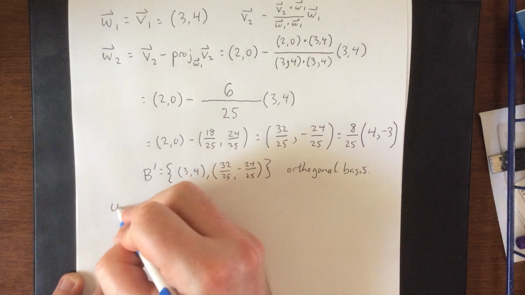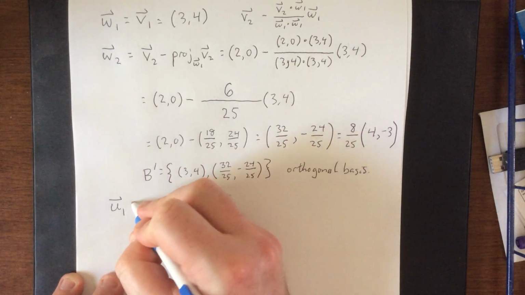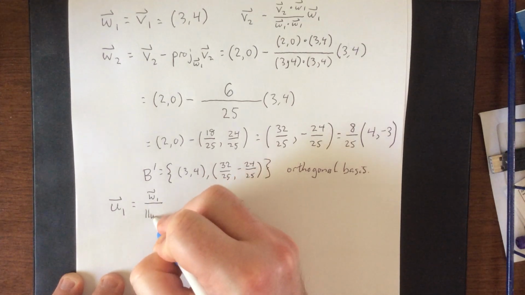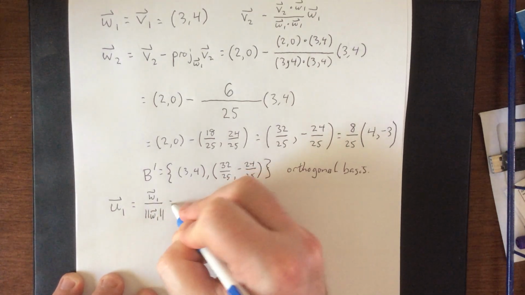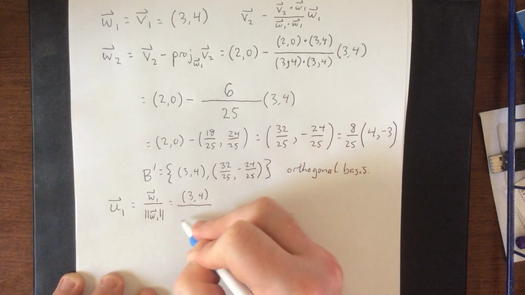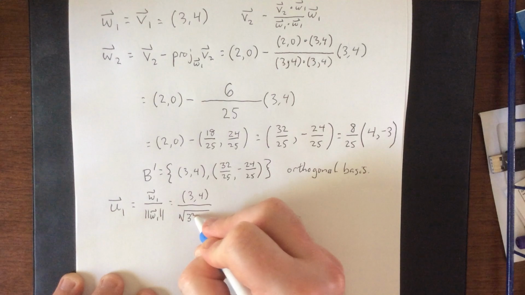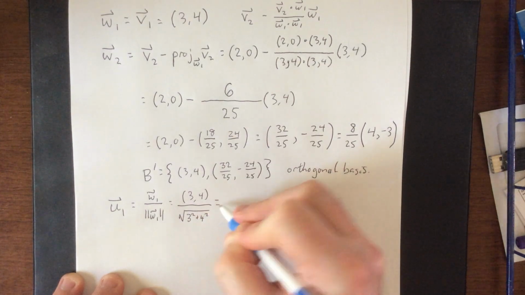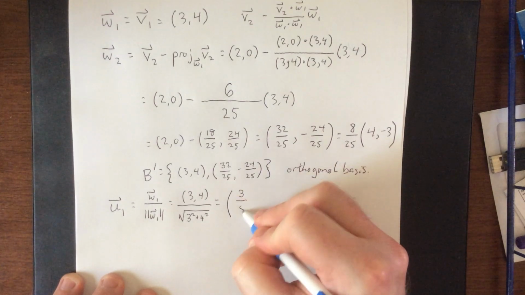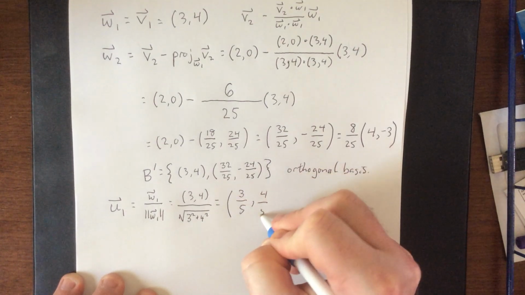We're going to refer to those two vectors as u1 and u2. So this will be vector w1 divided by the magnitude of w1. So the vector (3, 4) divided by the square root of 3 squared plus 4 squared. Hopefully we recognize from right triangle trigonometry that this is simply the 3, 4, 5 right triangle.